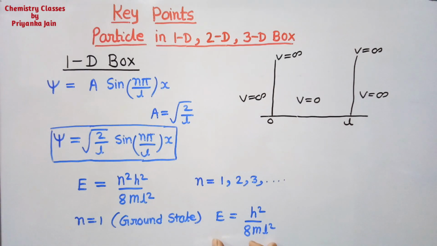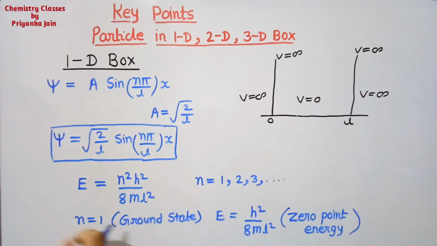So we can see here that even in the ground state, the particle does not have zero energy. The particle has a little amount of energy. That is called the zero point energy. So if you are asked to find out the zero point energy, then in this way you should write this formula, okay?